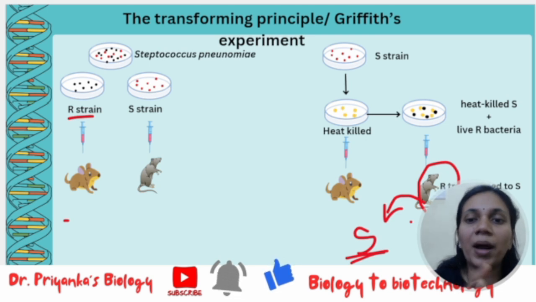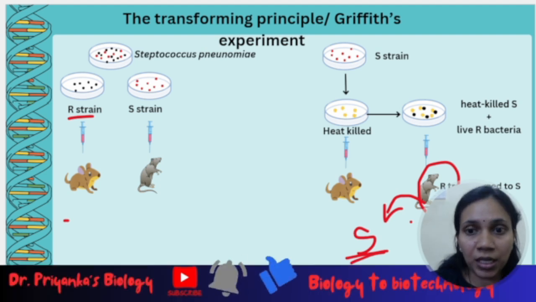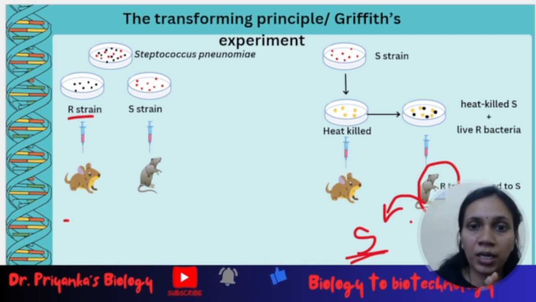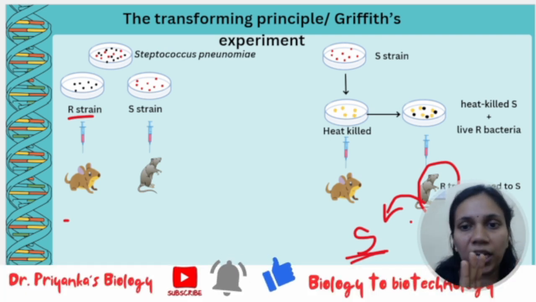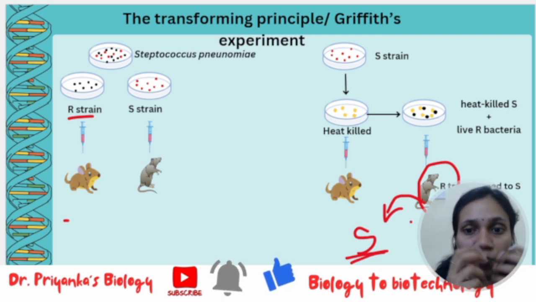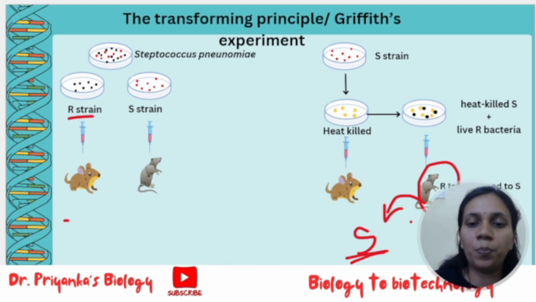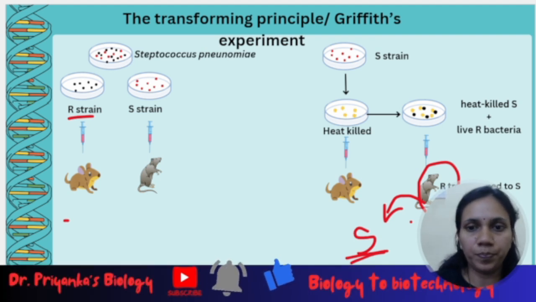It was a mild one, but in spite of heat killing the S strain bacteria, still somehow he could obtain the live S strain bacteria from the dead mice. So he said that probably there is something that has transformed the R strain. Something has changed, and he called it the transforming principle.